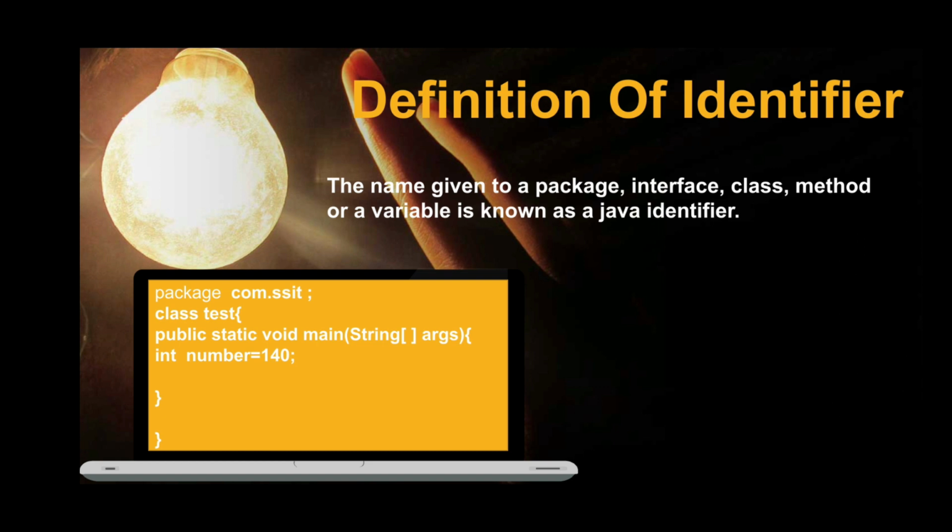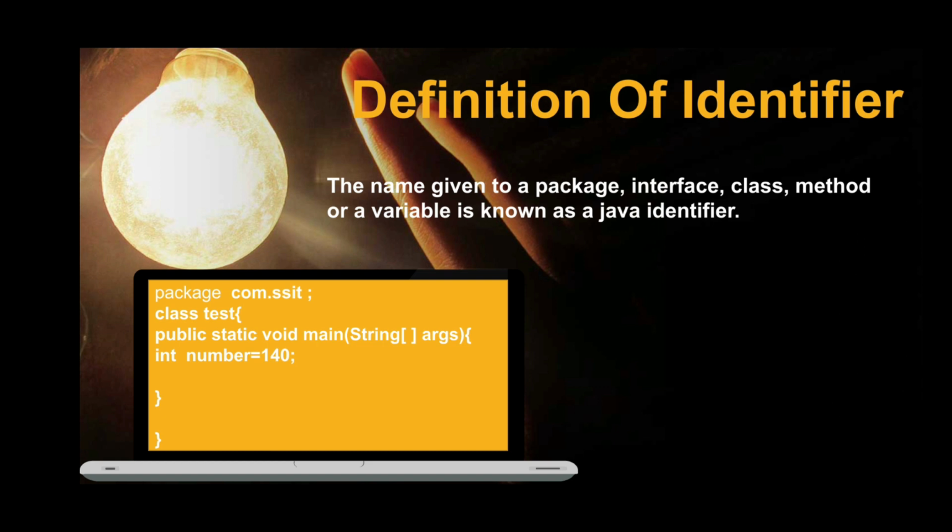The name of the class is test. We call test a class name, or we can call it an identifier. Then in the test class we created one method. Here main is the method. We call main a method name, or we can call it an identifier.